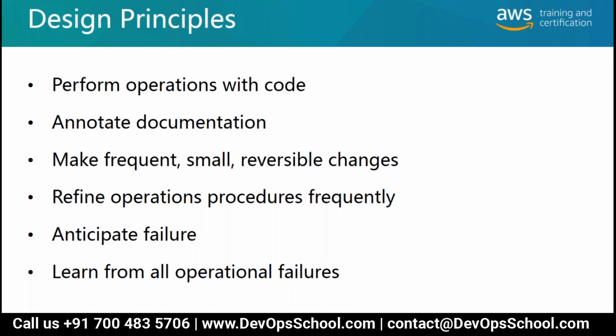The third principle of importance here is: make frequent, small, reversible changes. You should not give a big bang change to your infrastructure in a day, in a week, or in a month. You should always make frequent, small, and reversible changes so that your workloads allow regular updates of components. You make changes in small increments, which can be reversed if required.